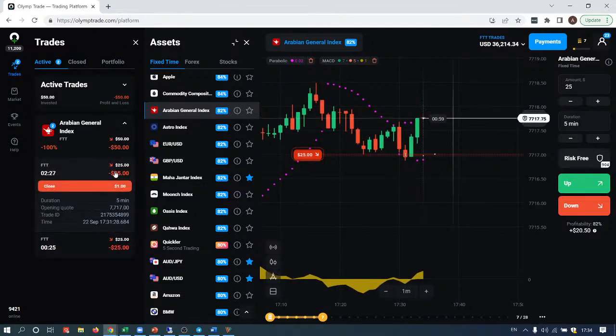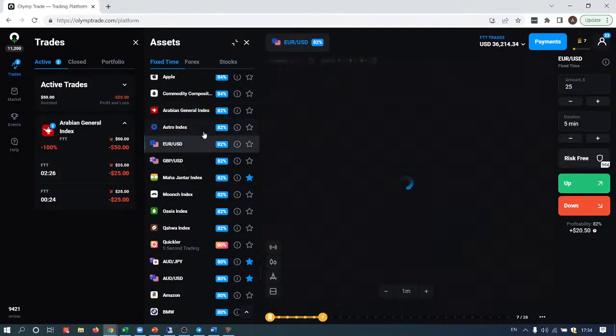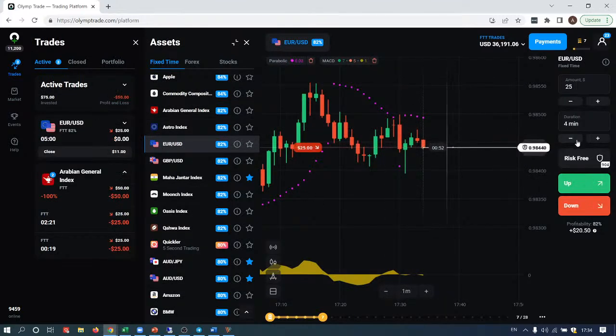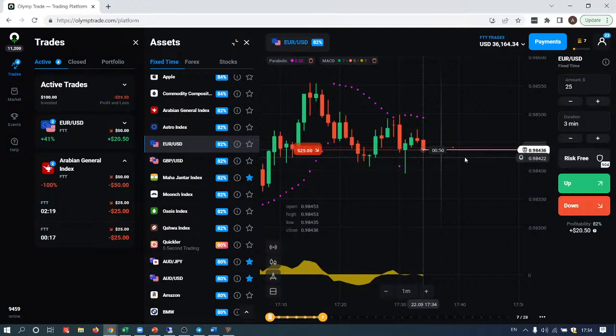So when we start applying this to our short-term trades, like 3-minute and 1-minute trades, it doesn't, of course, work as accurately as it would if we were to open mid-term trades.